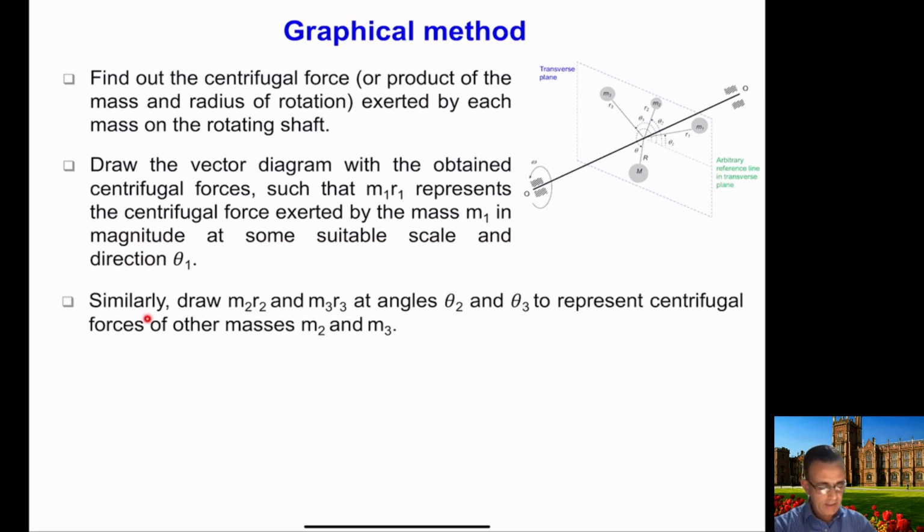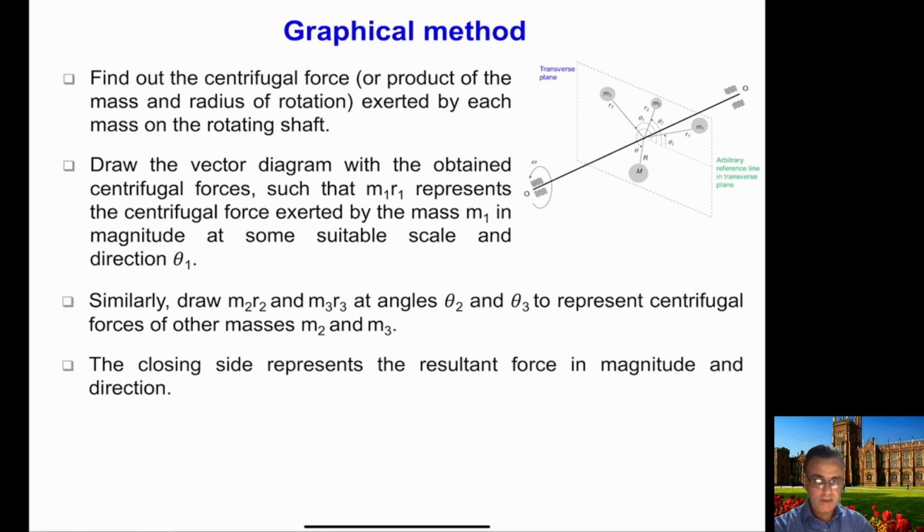Similarly, you can draw M2 R2 and M3 R3 at angles theta 2 and theta 3 to represent the centrifugal forces of the other masses, M2 and M3. And finally, the closing side represents the resultant force in magnitude and direction.